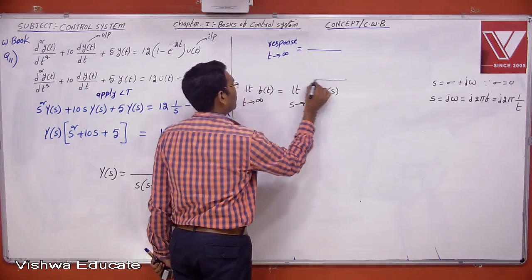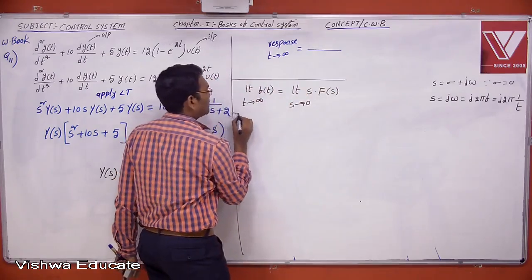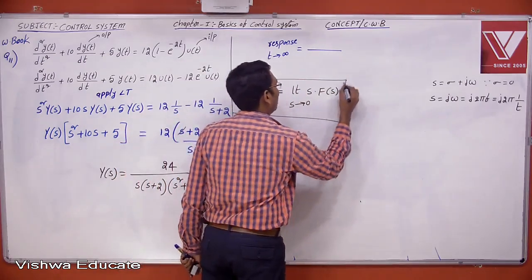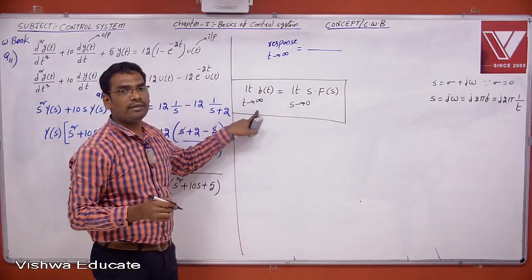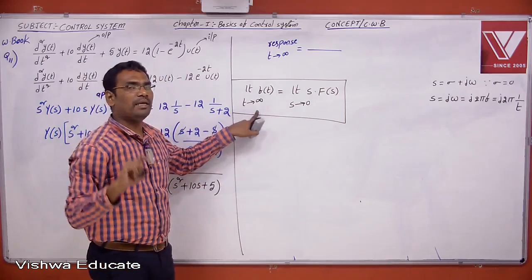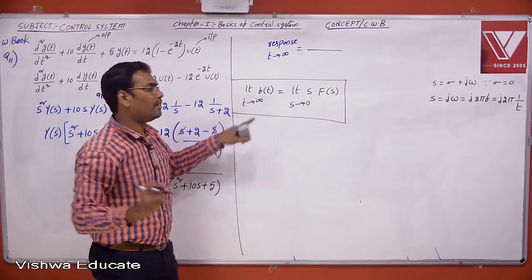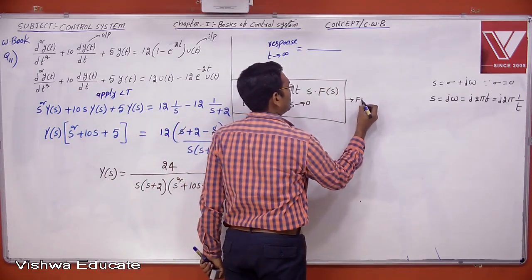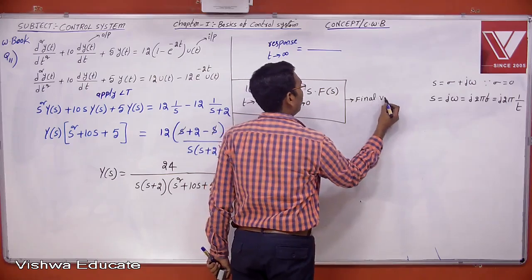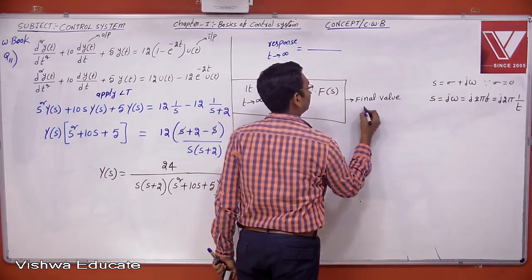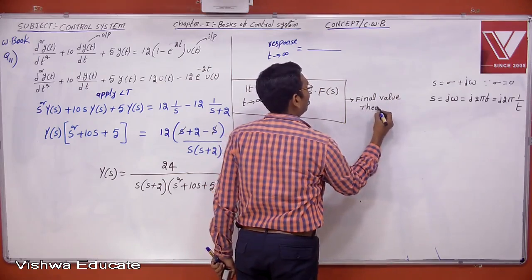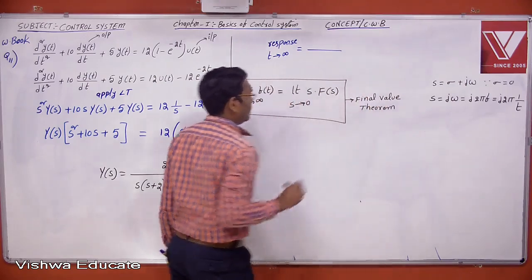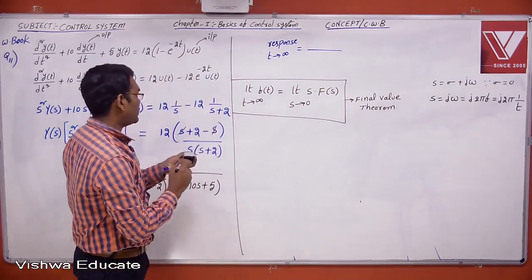This is one of the properties of the Laplace transformation. Time tends to infinity means the last value, the final value. This is called the final value theorem.